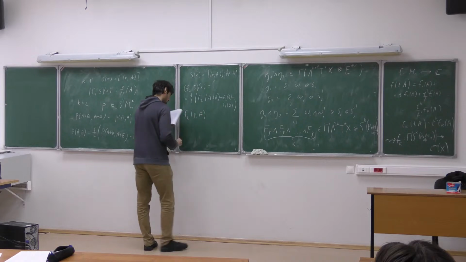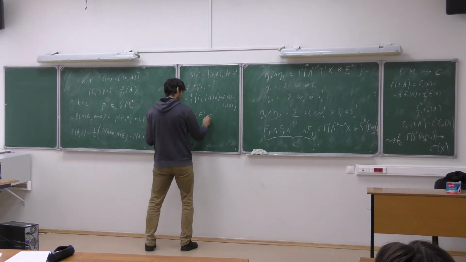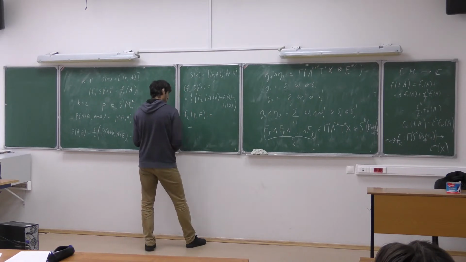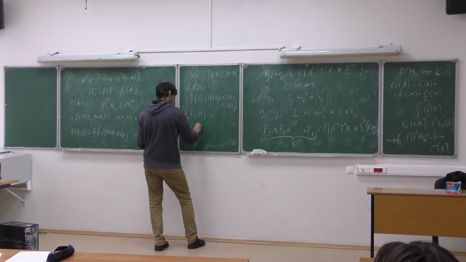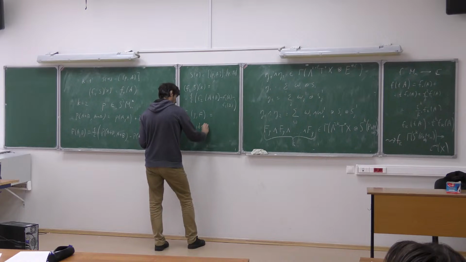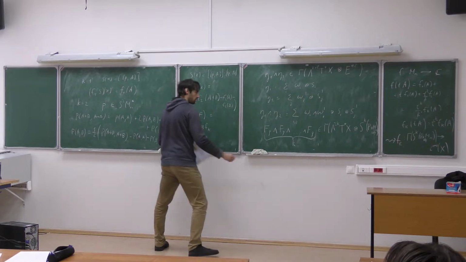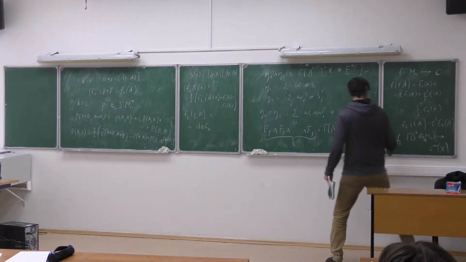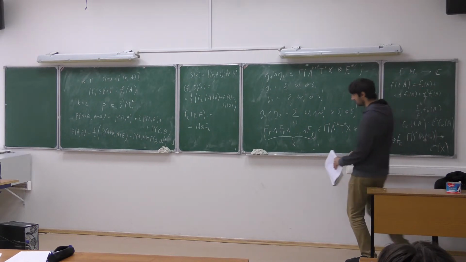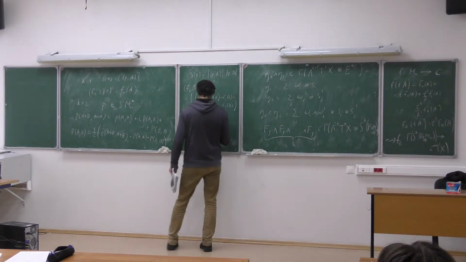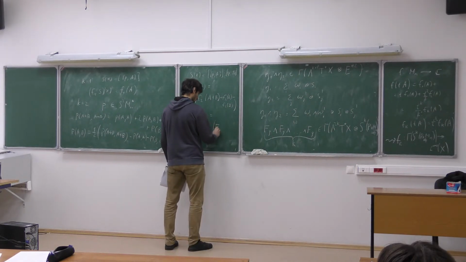I denote it like this. This is by definition. So I apply the identity tensor F_k, so this F_k, to this component of the k-fold wedge of F rows.